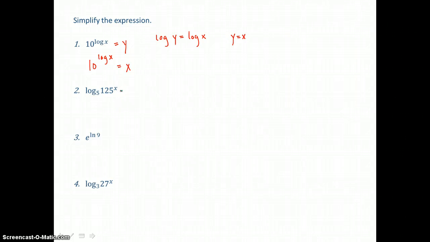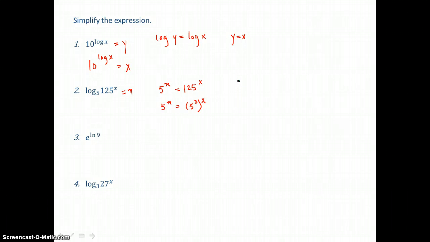Okay, let's try problem 2. Let's say that this equals n. So now we can go from logarithmic form to exponential form. Our base is 5. Our exponent is that log, n, and it's equal to 125 to the x power. But 125 has 3 factors of 5 in it, so I can write 125 as 5 cubed raised to the x power. And now I have a double power, so I can multiply.